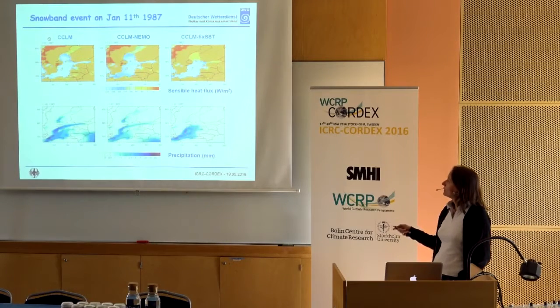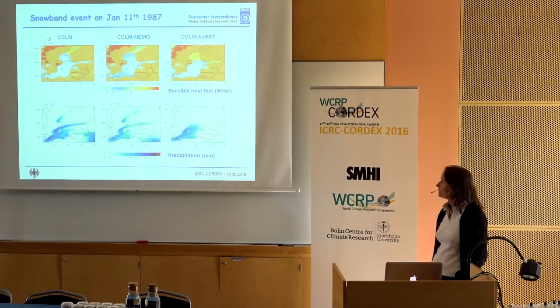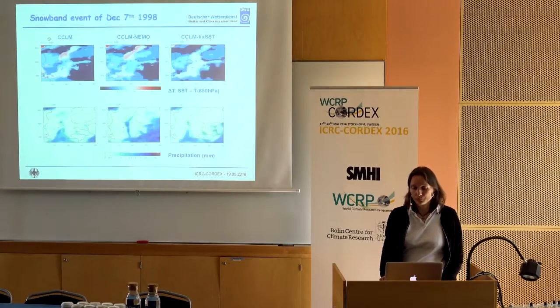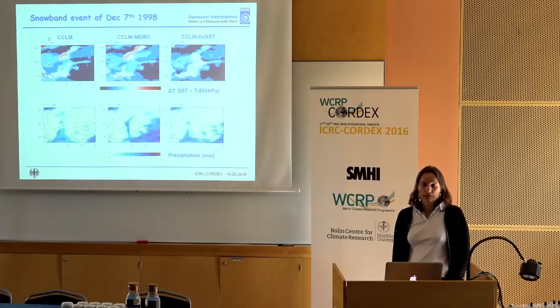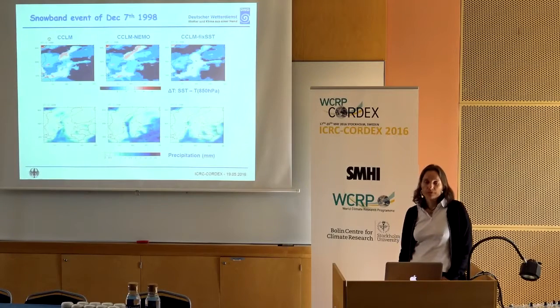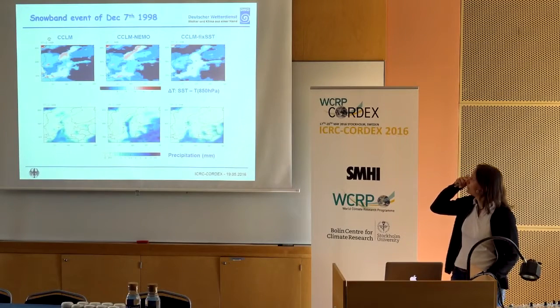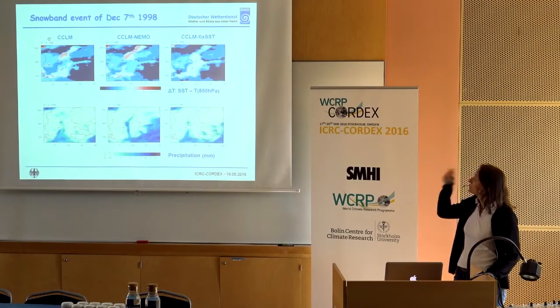So we conclude that you really need a high resolution, temporally high-resolution SSTs to model these snowbands very well. These are slide pictures from another snowband event of '98, and in the top panel I show the atmosphere-ocean temperature differences.